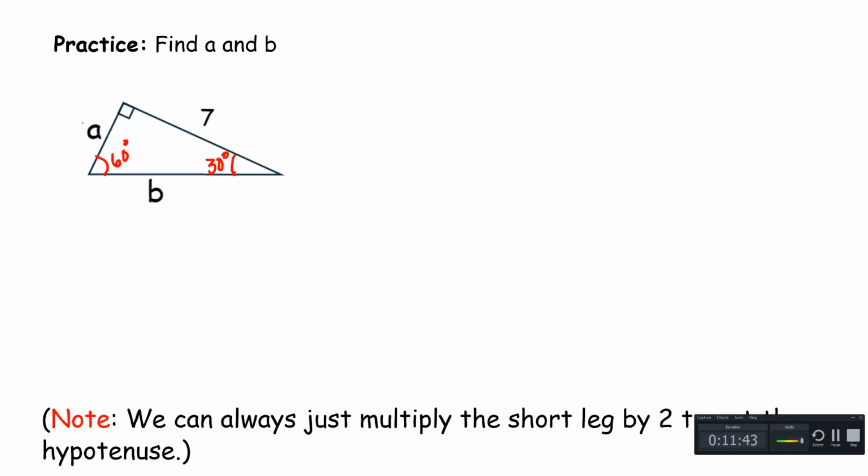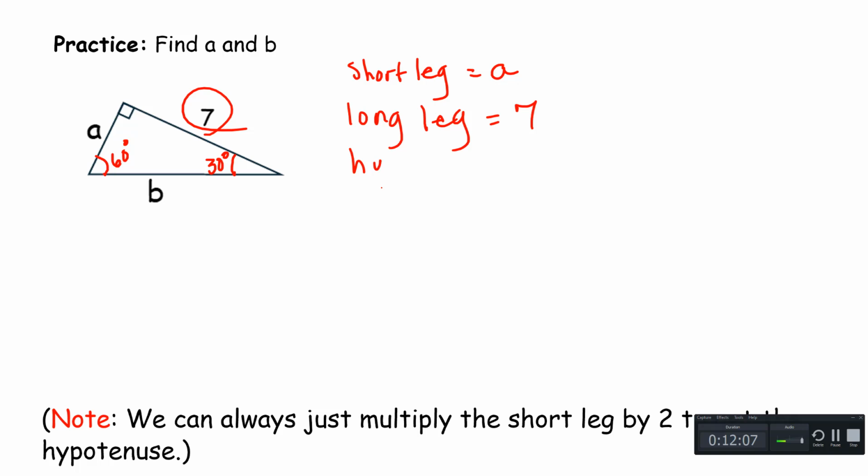All right, so the short leg is a. And the long leg is 7. That's the side across from the 60-degree angle. So that's 7. And then the hypotenuse is b.